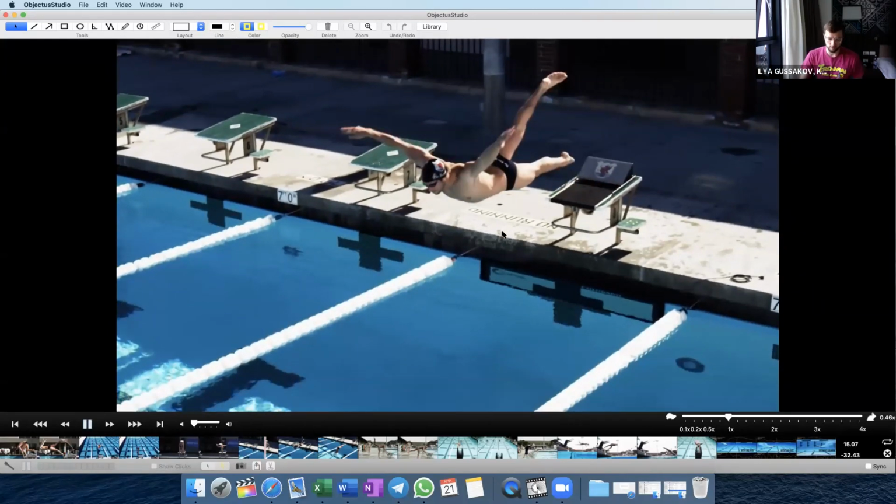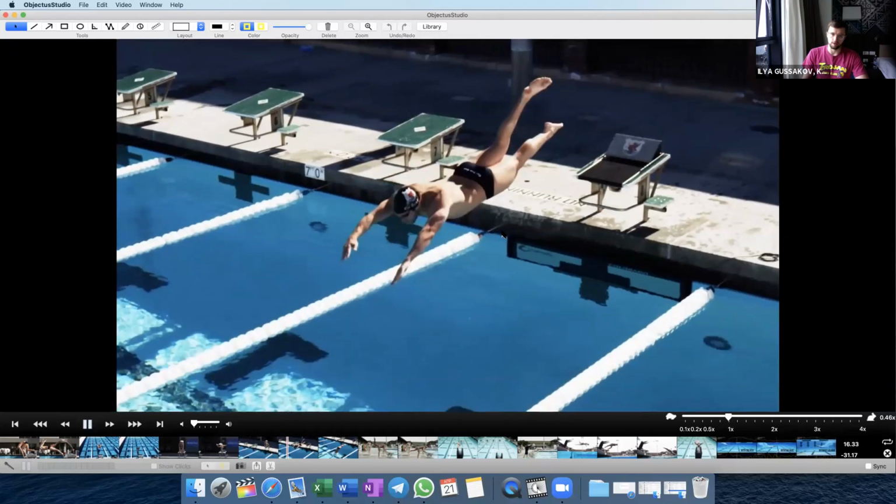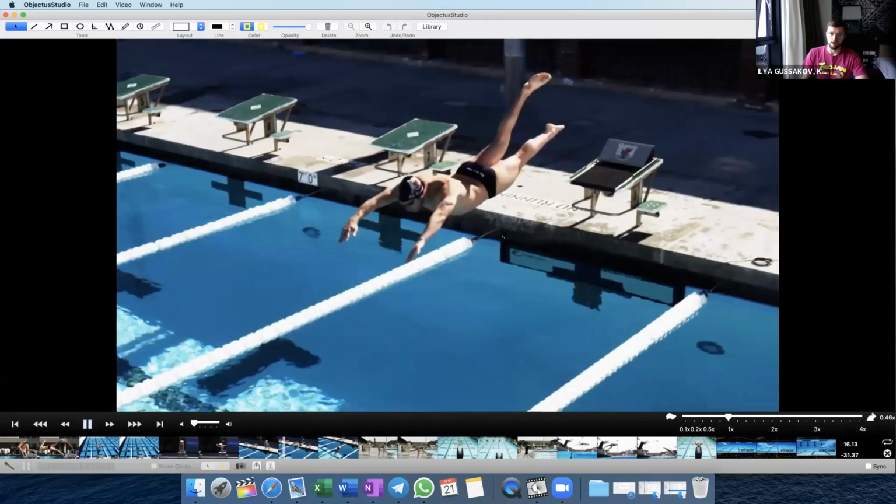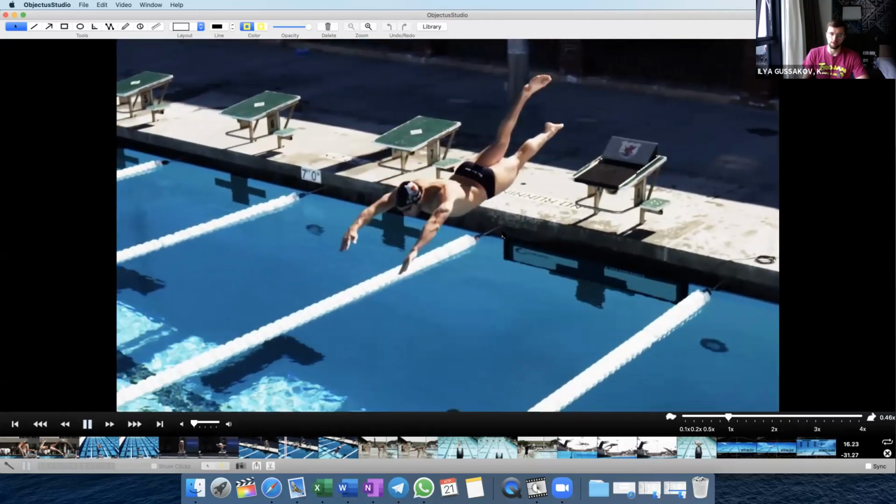Many swimmers are trying to do it now, especially sprinters, because this start is more powerful. I see in the world many Brazilian swimmers trying to learn this technique, trying to fly like this, because this is quite new.